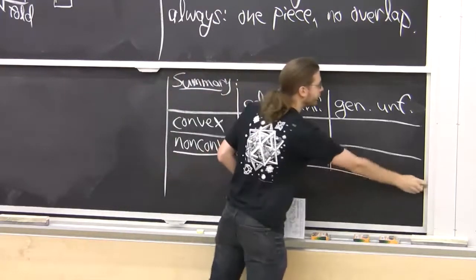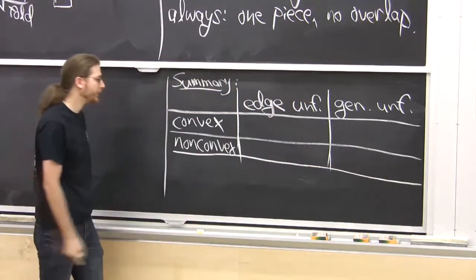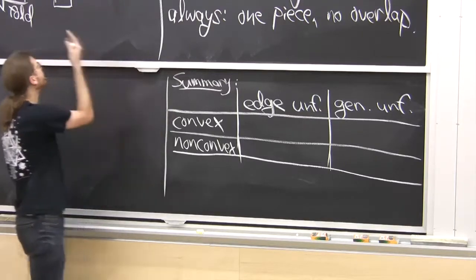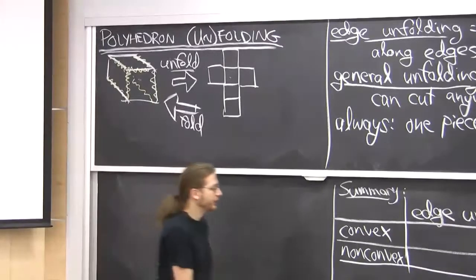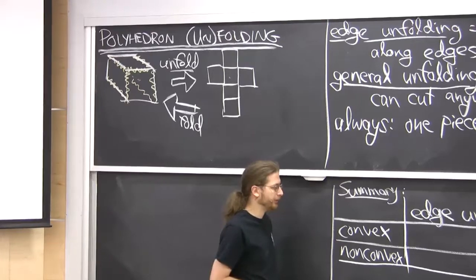So we can think about edge unfolding, we can think about general unfolding, and we can think about them for convex polyhedra, simple things like a cube, that have no dents, or general polyhedra, non-convex polyhedra.